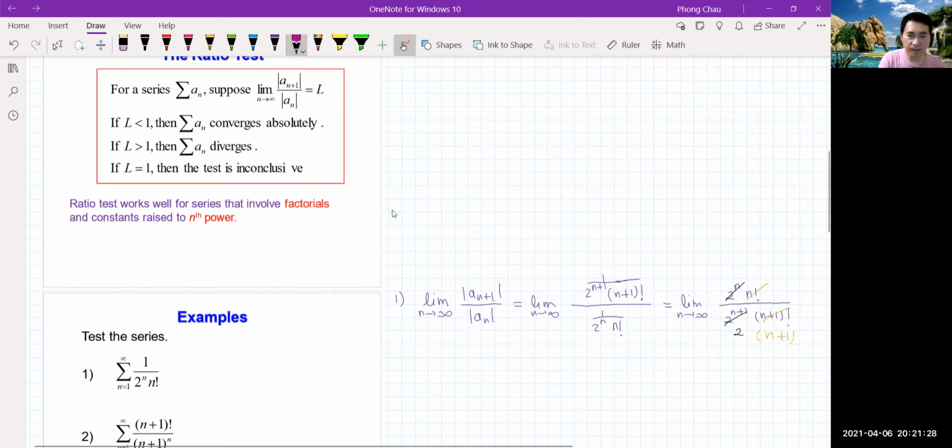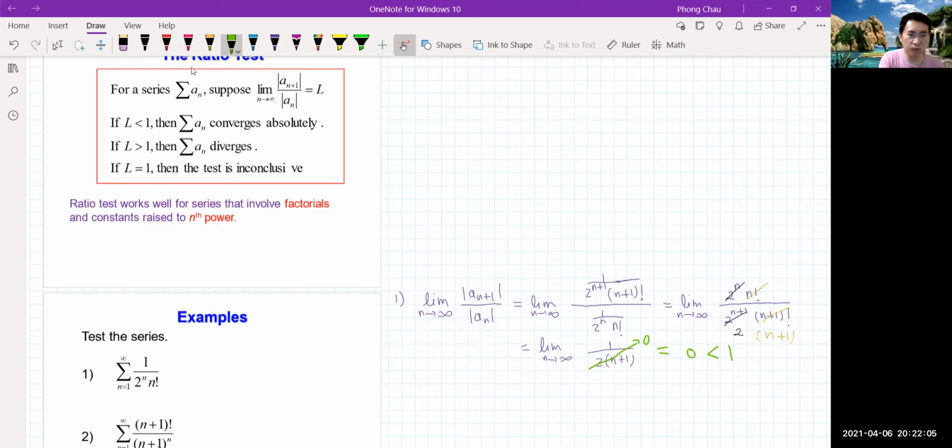And so this limit would become the limit of what's left? Nothing, right? So it's only 1 on the numerator, 2 times n plus 1 on the denominator. Now from here it's clear, as n goes to infinity, this approaches 0. Therefore, that equals 0, less than 1.